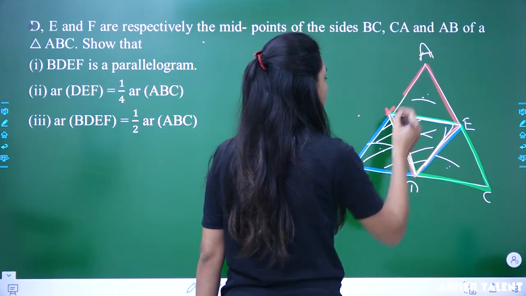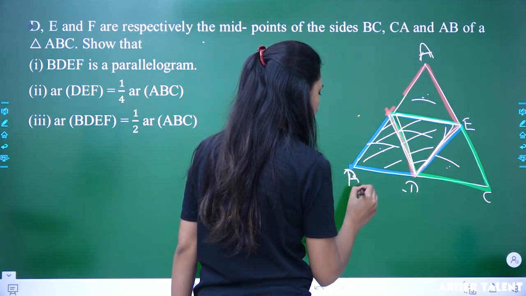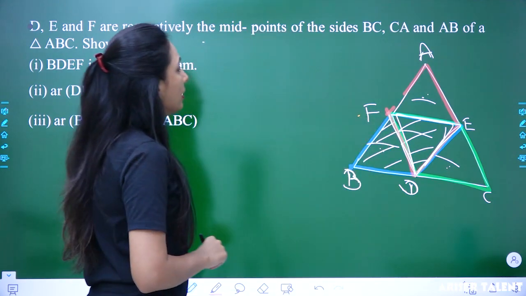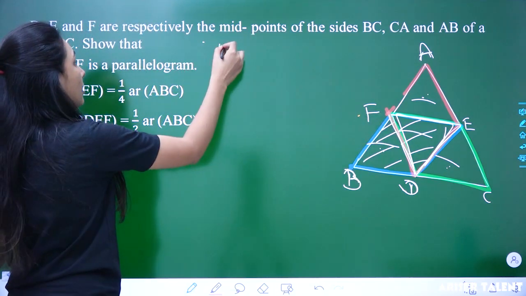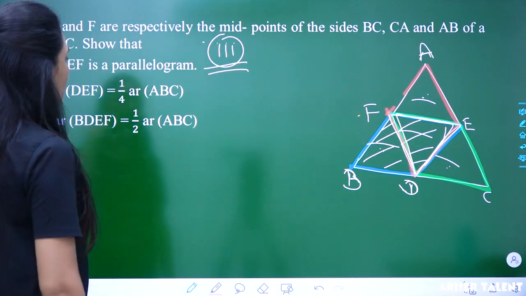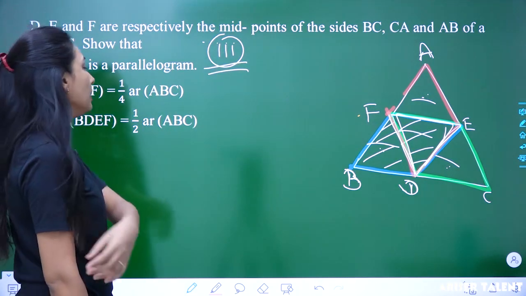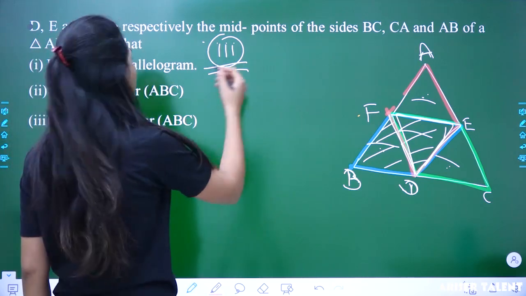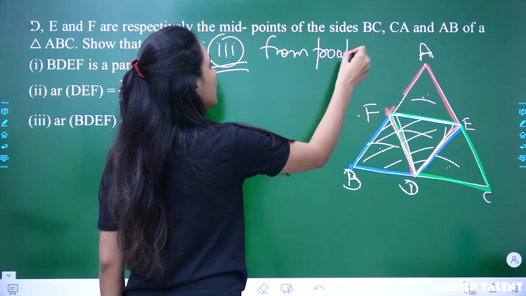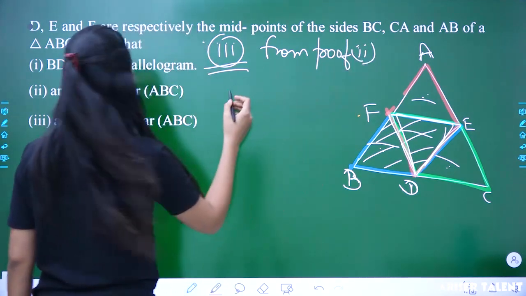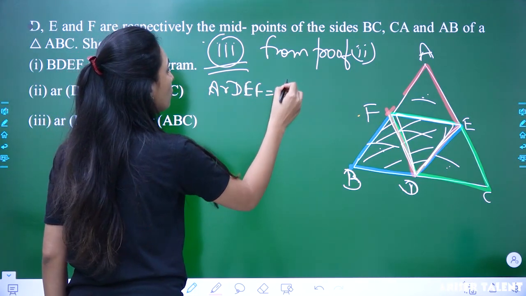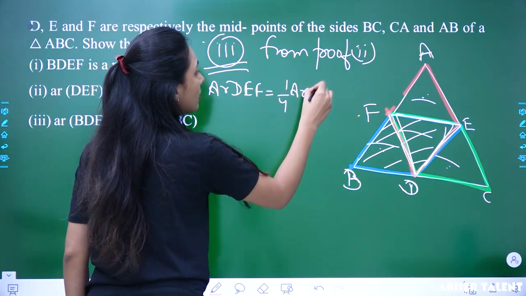This was A, here it is B, it was D, and F here. The third one, we have to prove that area BDEF is equal to half area ABC. So from the second proof, we are having area DEF is equal to 1/4 area ABC.